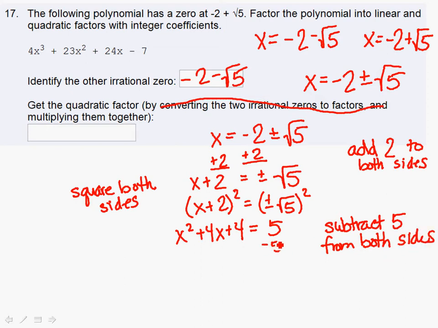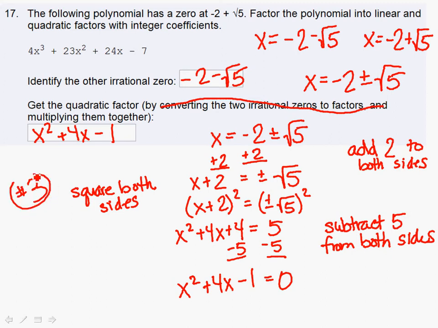So minus 5, minus 5. I get x squared plus 4x minus 1 equals 0. And you'll notice I got the same answer, x squared plus 4x minus 1. So this is option number 3. Again, all three methods got me the same exact answer.